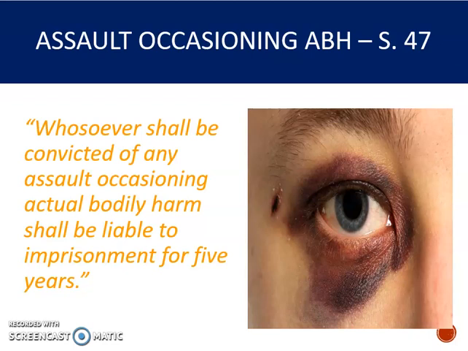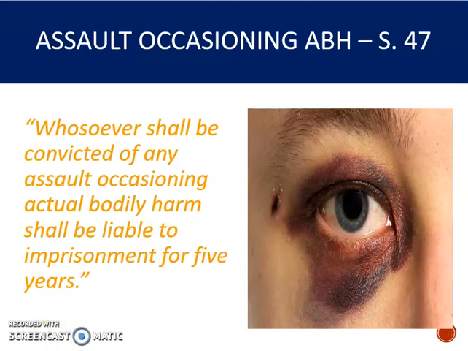Let's start by having a look at the definition of assault occasioning ABH under section 47 of OAPA. So if you were to turn to section 47 of the 1861 Act, this is the exact definition that you would see. You can see that the language, whosoever, is quite antiquated because the Act was written in 1861. So it says, whosoever shall be convicted of any assault occasioning actual bodily harm shall be liable to imprisonment for 5 years.